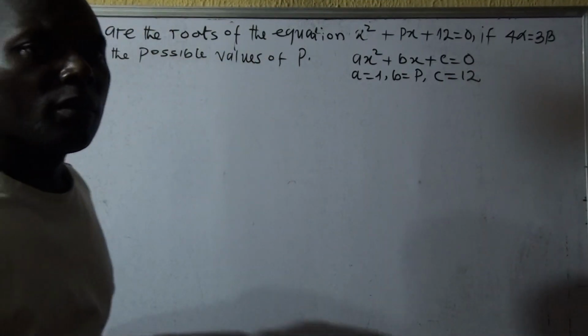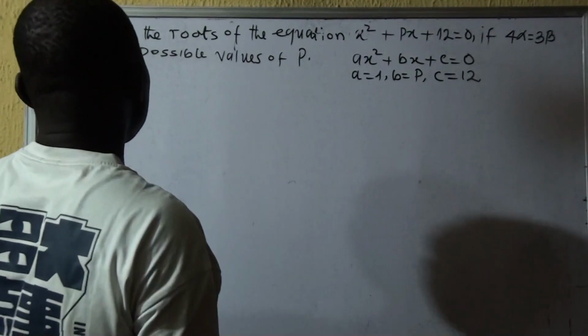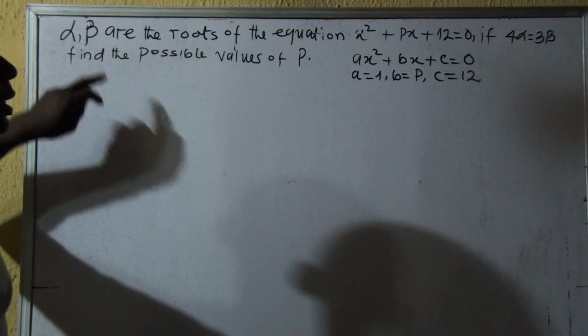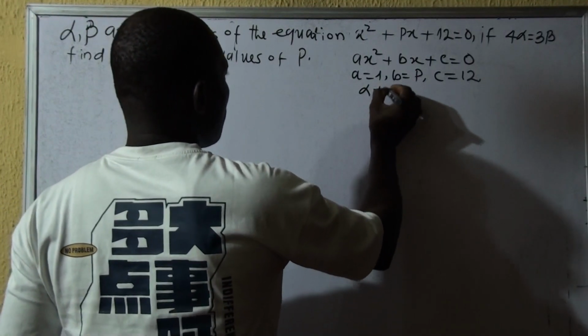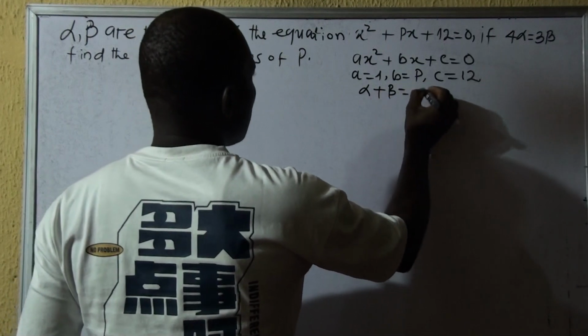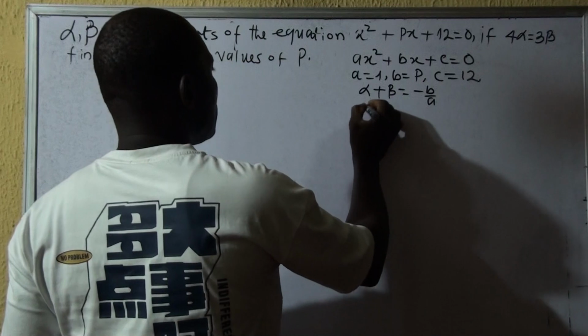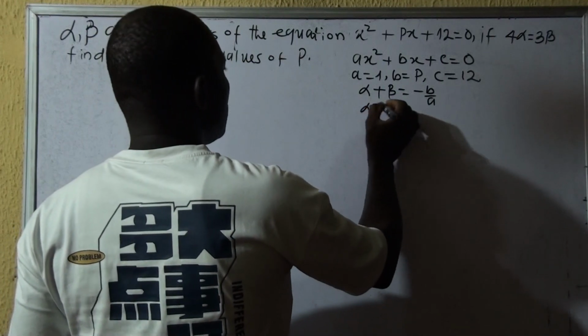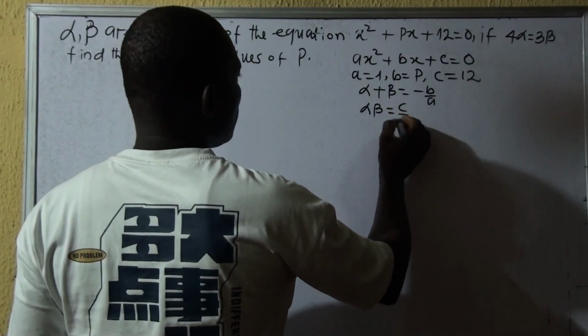In a quadratic equation, since the roots are given as alpha and beta, the sum of the roots, alpha plus beta, is minus b over a, while the product of the roots, alpha times beta, is c over a.